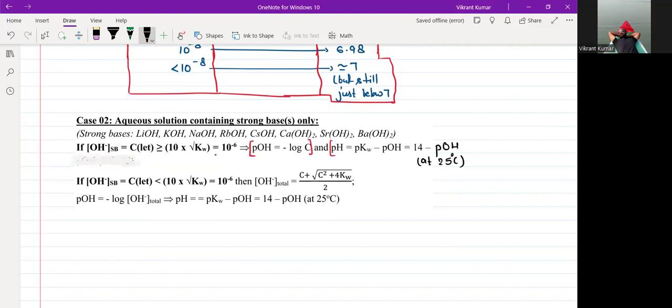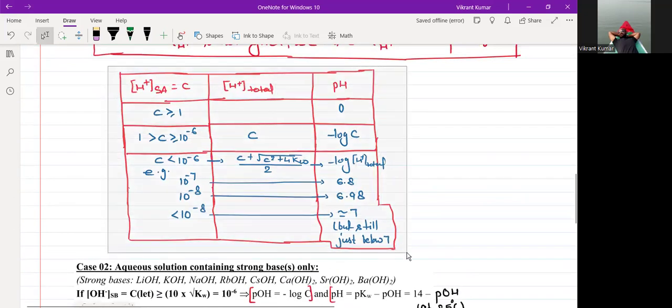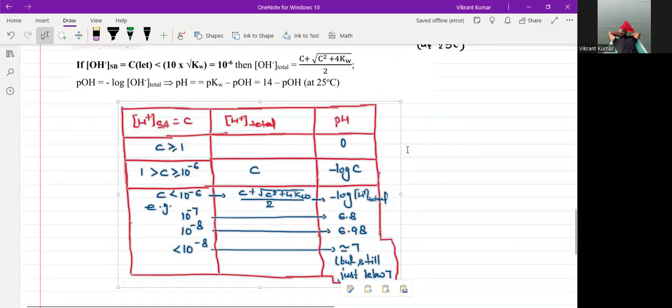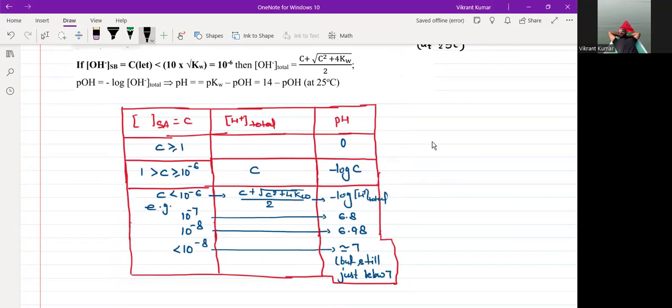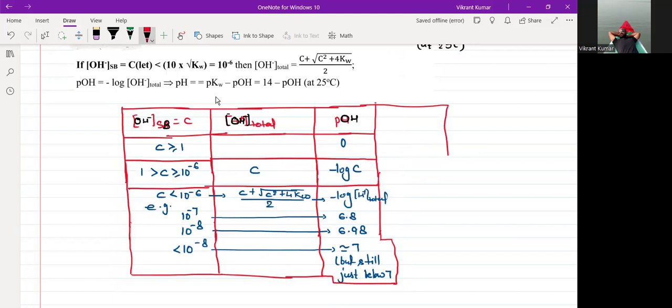We'll be getting all the numbers same. Everything else remains the same, and this is the formula. So again, a similar type of table, if I copy it and edit it, this time all these things will come for pOH. So if OH minus from the strong base is C, then how much will OH minus total come, this is for pOH, and then I make one more column and that will give you pH.